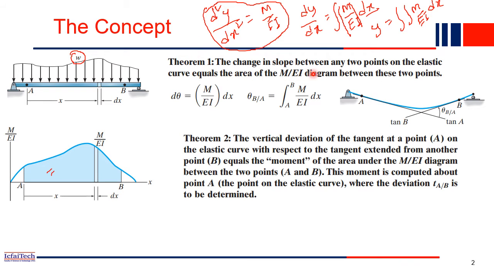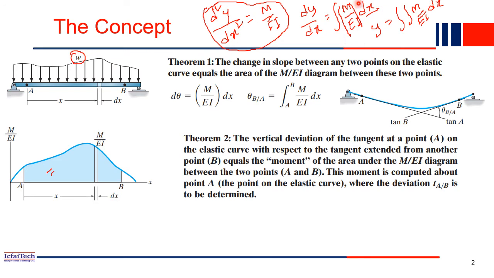The change of slope between any 2 points, it may be any 2 points on an elastic curve, is equal to the area under the M by EI diagram between those points. How do we derive this? We already know this equation, right? dy/dx equals the integration of M by EI into dx.